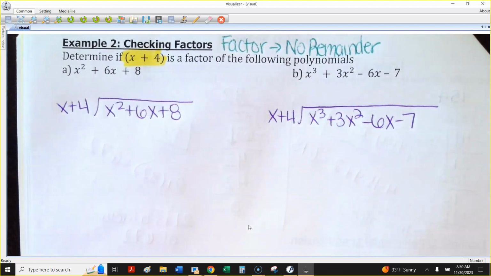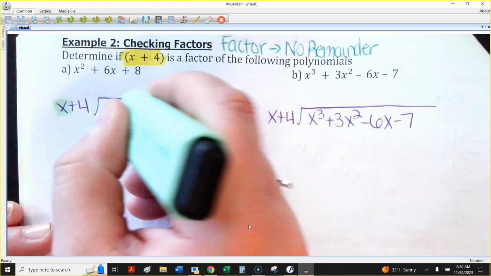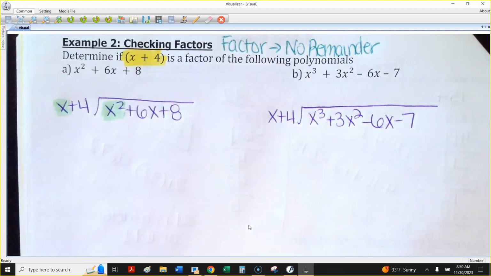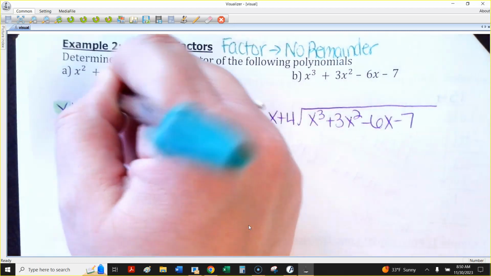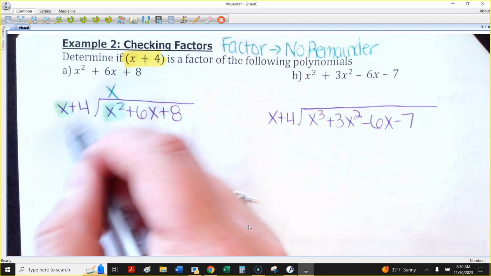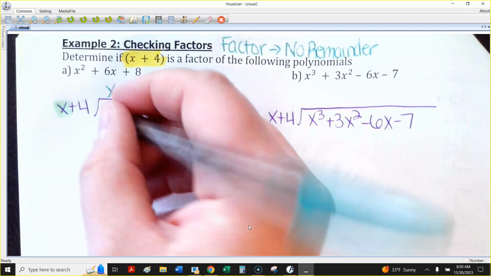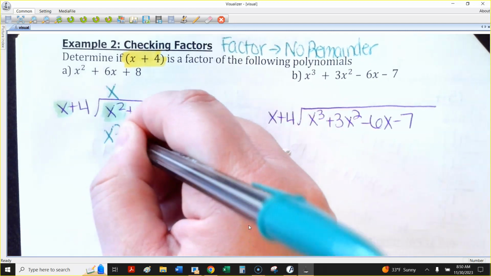All right. So totally just focusing first term and first term. What would you multiply x by to turn it into x squared? Just an x. So just put x up here. Okay, now that gets multiplied by both guys on the outside. So x times x is x squared. x times 4 is 4x.